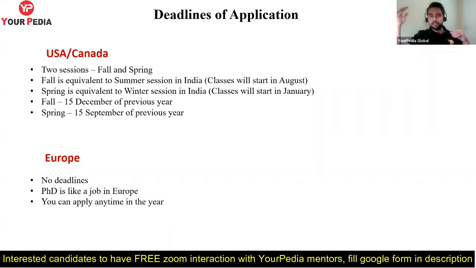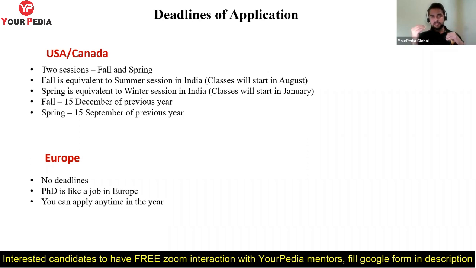Let us say fall 2023. Classes will start in August 2023. But you have to apply 1 year before, before 15 December of the previous year. So if you are targeting fall 2022, you have to apply by 15 December of 2021.